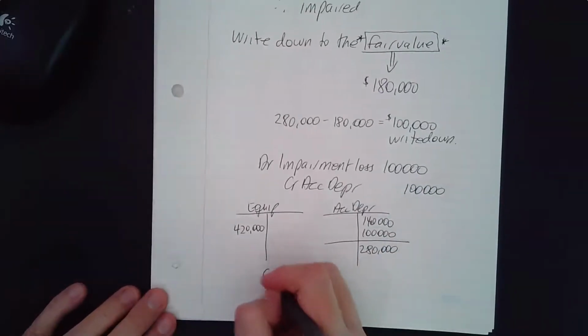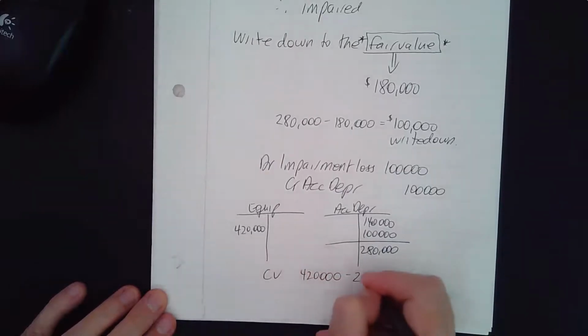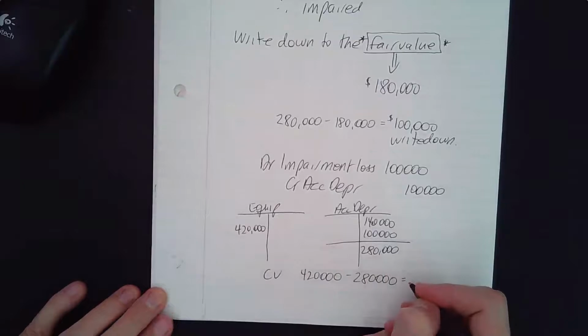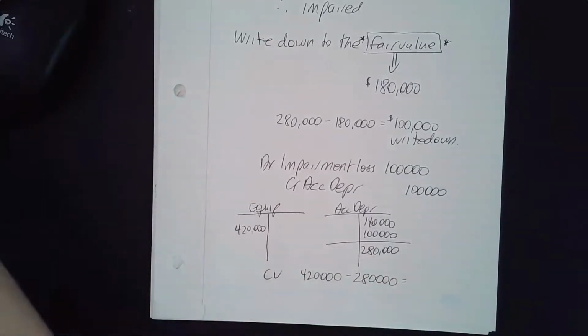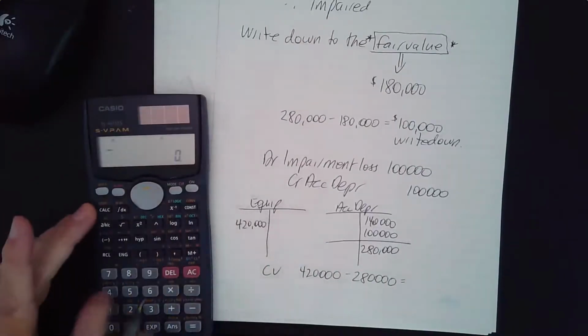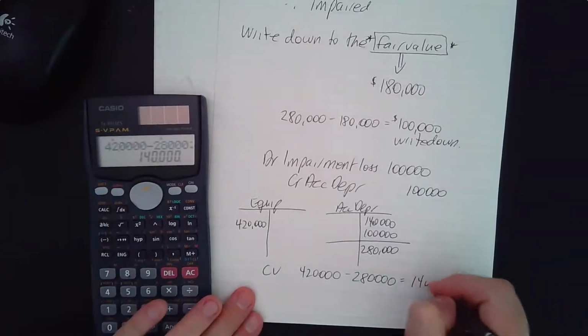So now what's the carrying value? It's the 420,000 minus the 280,000, and that should equal, I don't know what it equals. I think I did something wrong here. No, it's equal to 140.